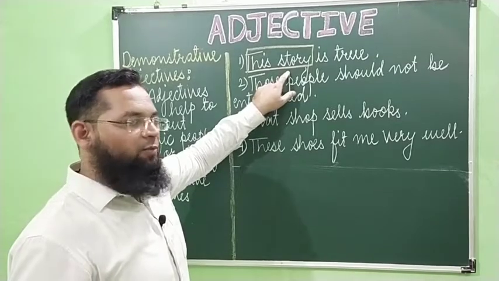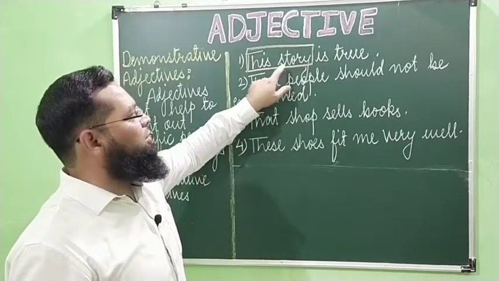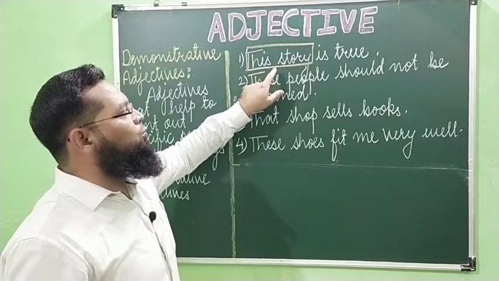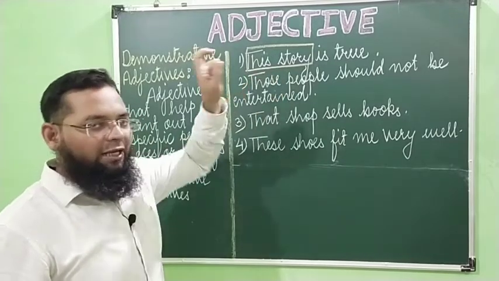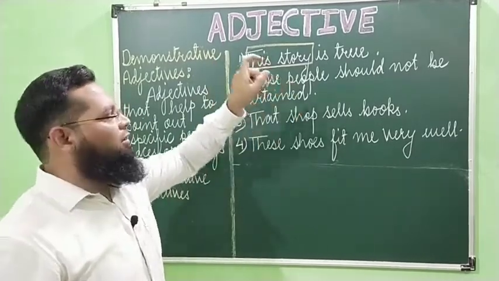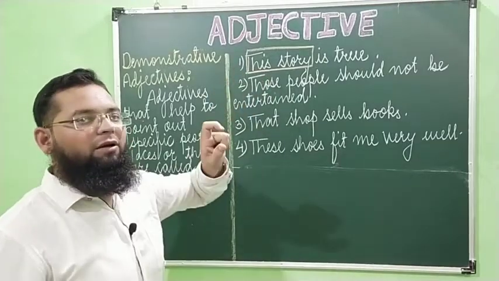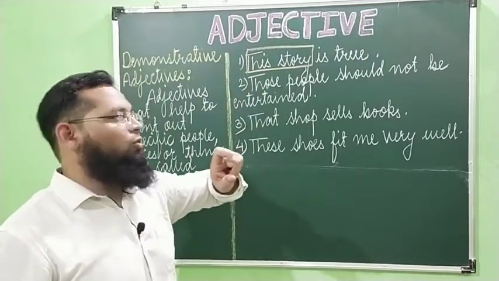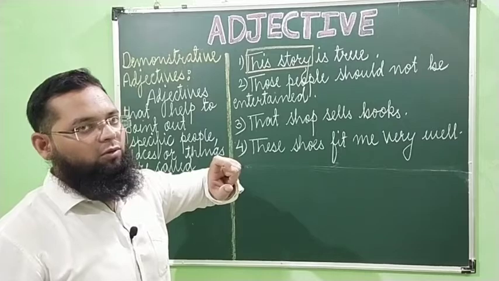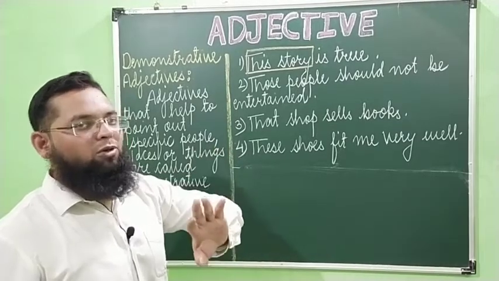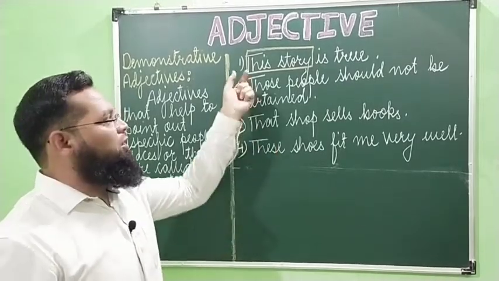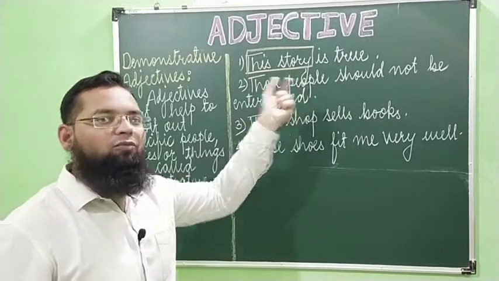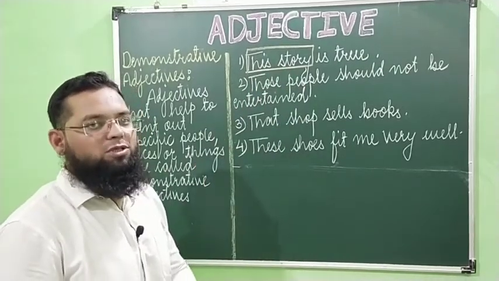If the sentence was "this is a true story," then in that particular sentence this could not have been a demonstrative adjective, it would be a demonstrative pronoun. The condition for a demonstrative adjective is that it should be followed by a noun.